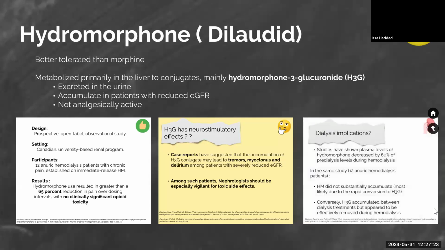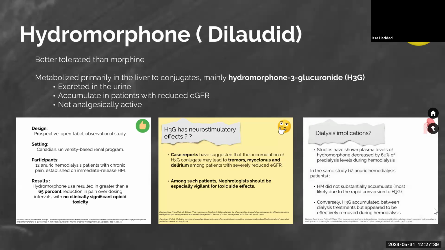Now, dialysis implications for hydromorphone. Studies have actually shown, and I attached the study, that plasma levels of hydromorphone decreased by 60% of pre-dialysis levels during hemodialysis. This is actually the same study that they did in the Canadian University.